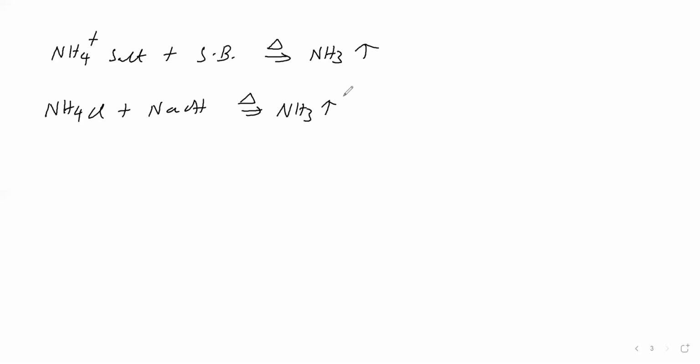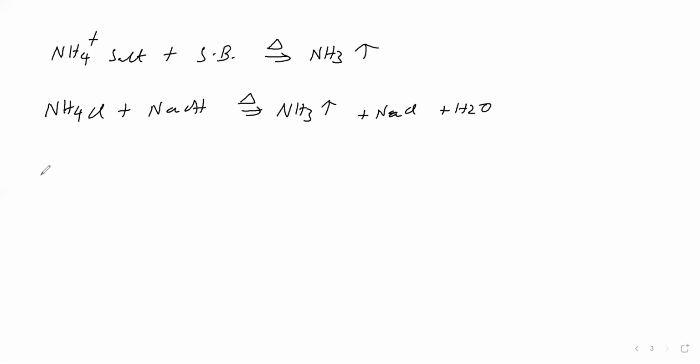You might have done it. Just take the ammonium salt in a test tube, add a strong base and heat, and you will get ammonia vapors. Then what is remaining? Sodium chloride and water. This sodium takes chlorine and becomes sodium chloride. Here one nitrogen is remaining, and with this OH it gives water.